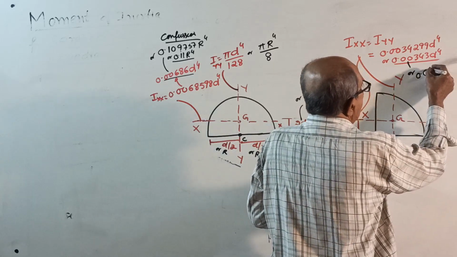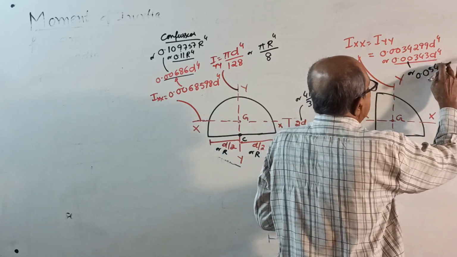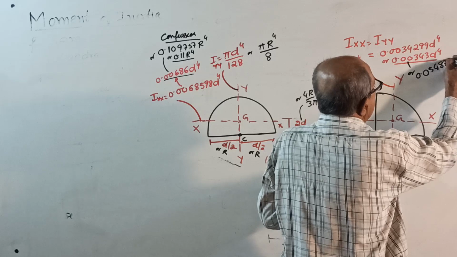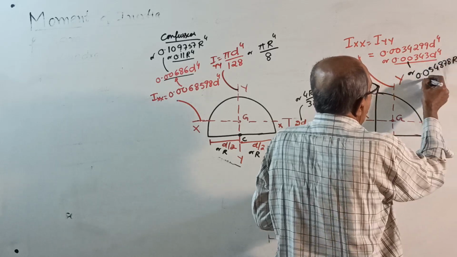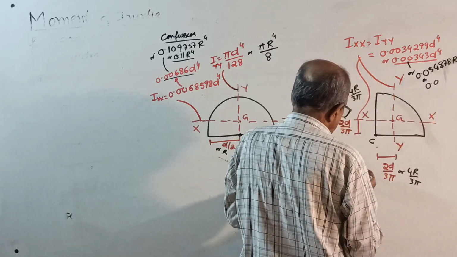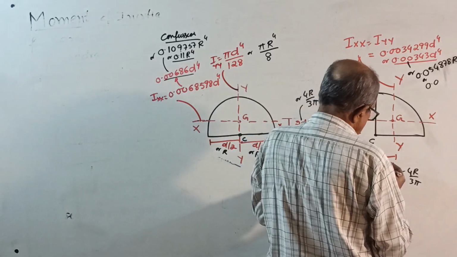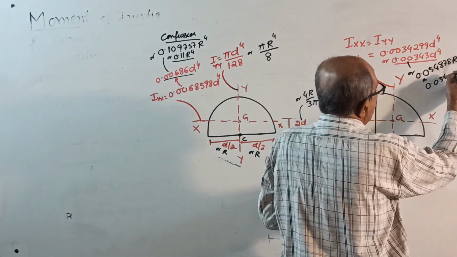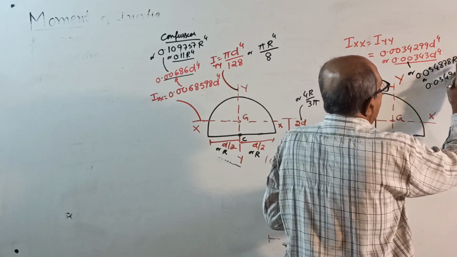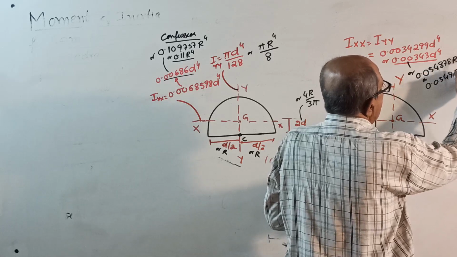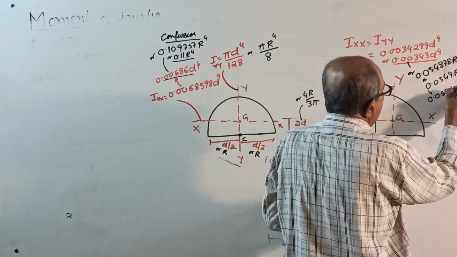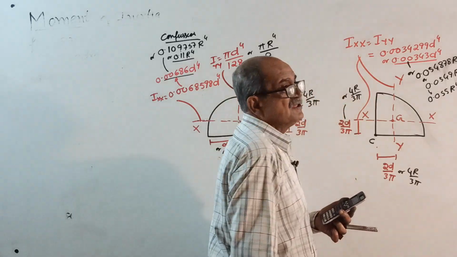It is 0.054878 r power 4, or the popular version is 0.0549 r power 4, or some people even use 0.055 r power 4. Somebody will ask, sir, what we will use?